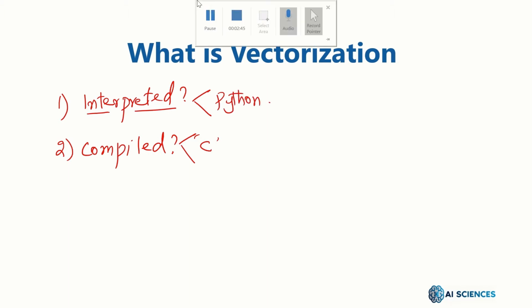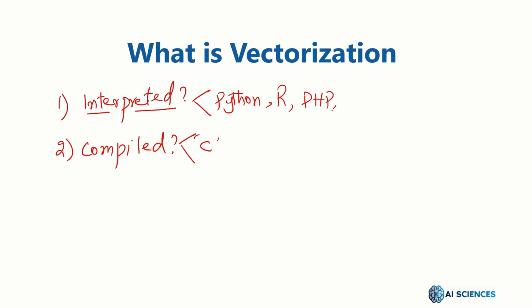There are several other interpreted languages apart from Python; for example, R is interpreted, PHP is interpreted, and there are several others. But because we are interested in Python, in this particular video series we are focusing on Python.